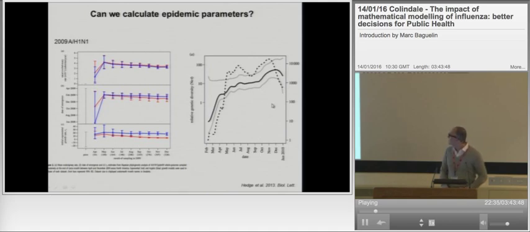And here on the right-hand side, what I wanted to show you is how there is actually a correspondence between some of these metrics and estimates you get from sequence data. Like in black here, you've got the relative genetic diversity of the viral population over time, and the dashed line shows the reported cases over the same period of time. And you can see that there is a correspondence, if not a perfect overlap.